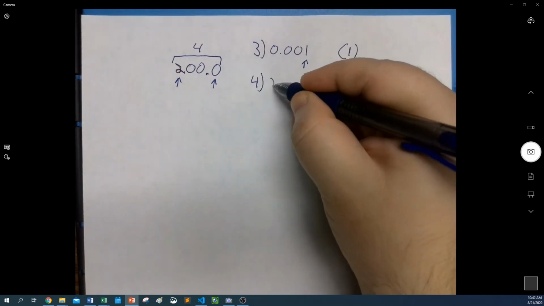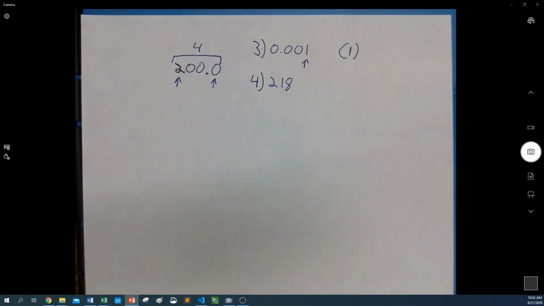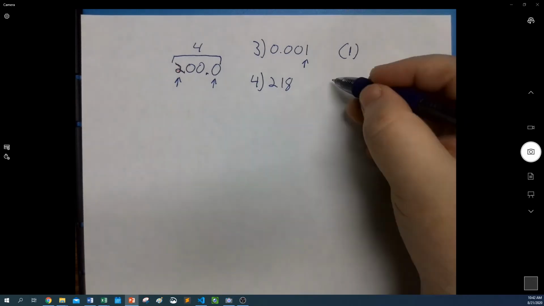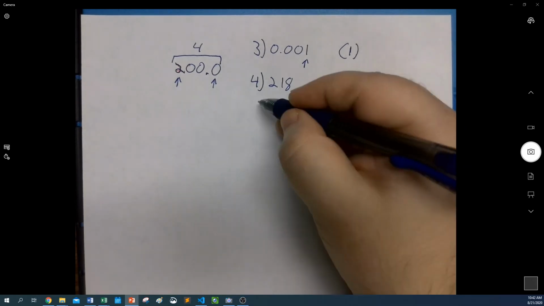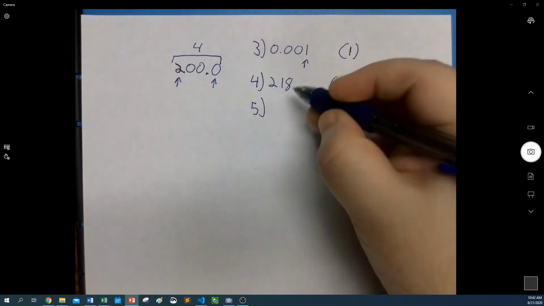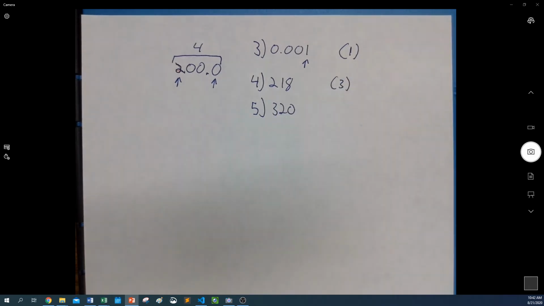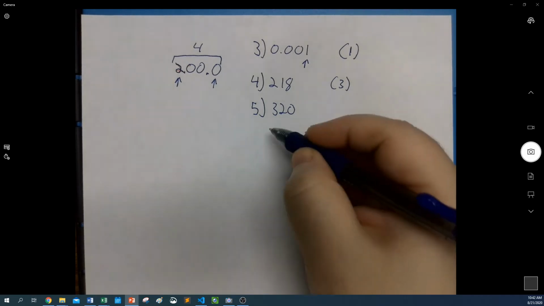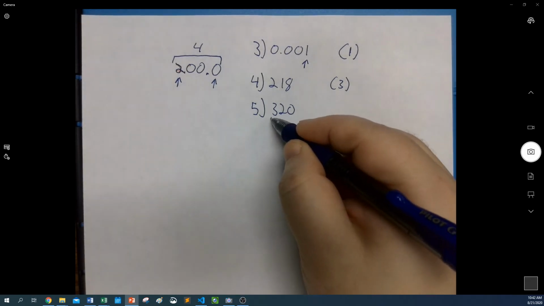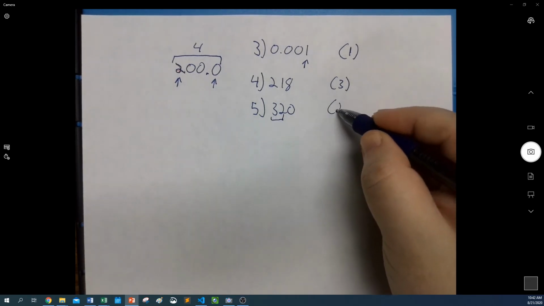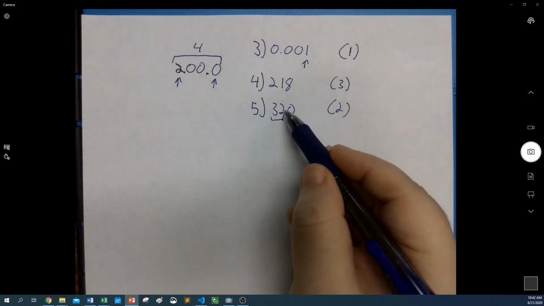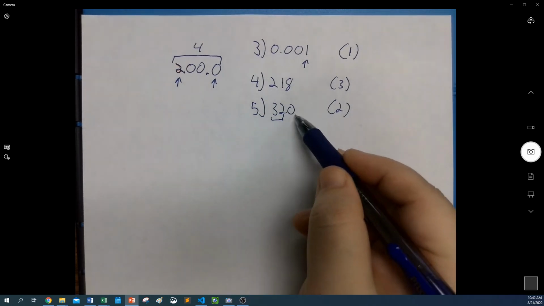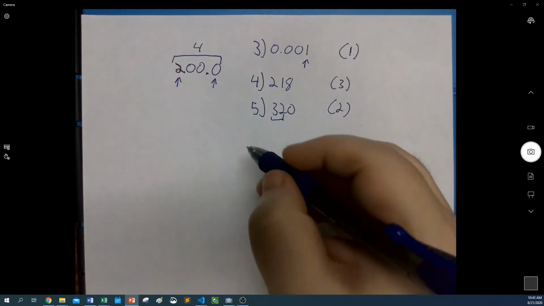Number 4, 218 has how many? 3. Number 5, 320. So 2. So we don't include trailing zeros unless they're after the decimal point.